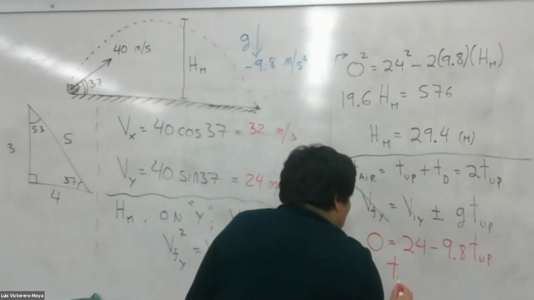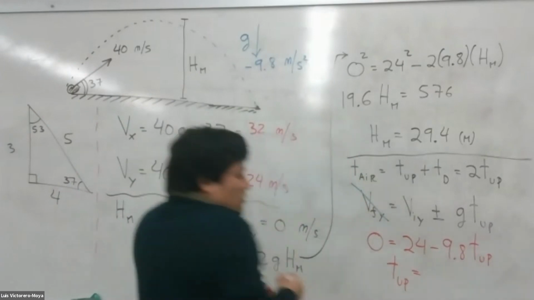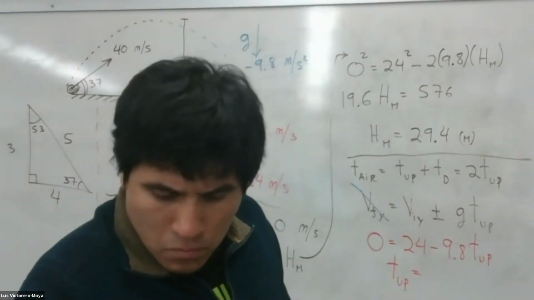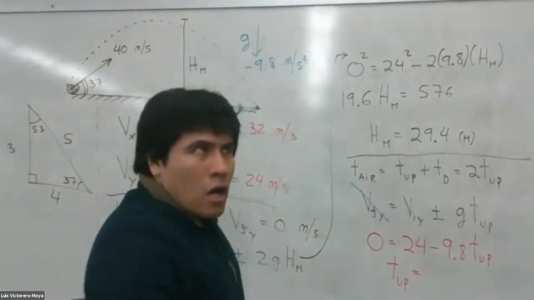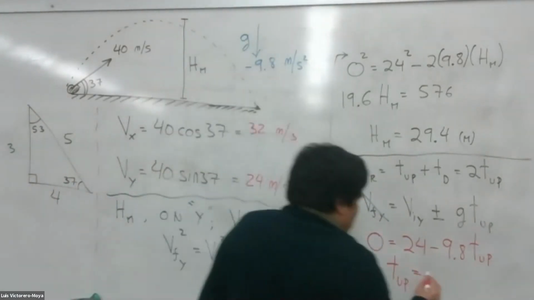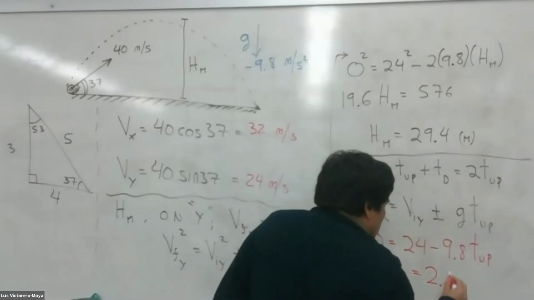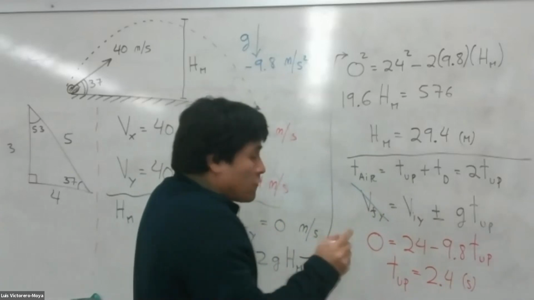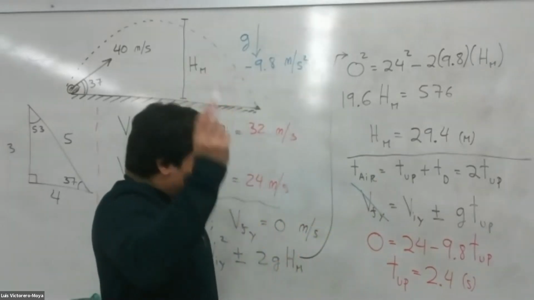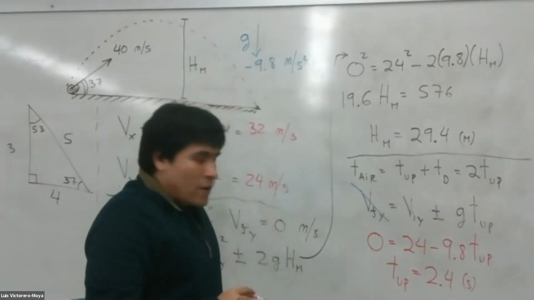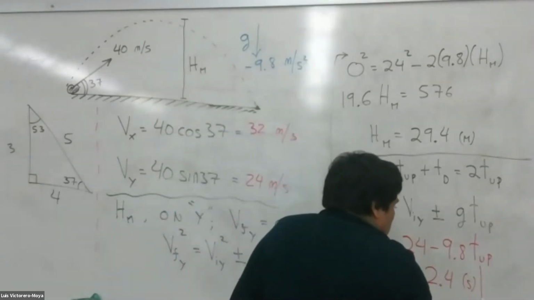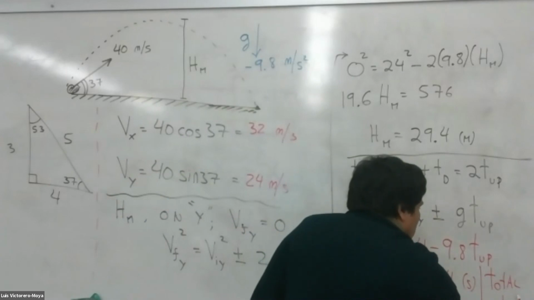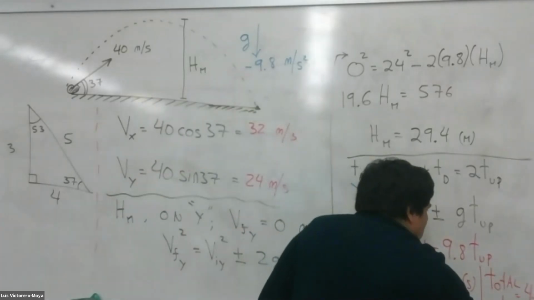So the time to go up is 24 over 9.8. 2.4 seconds. The total time then is 4.8 seconds. So twice that. Right? You can put it here.